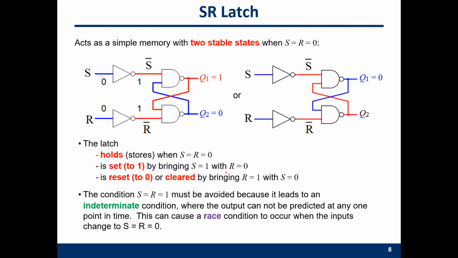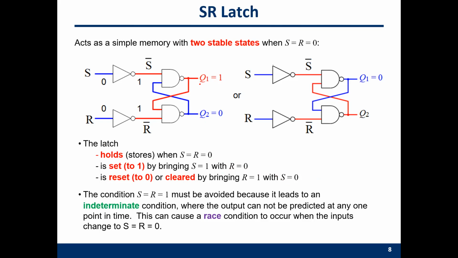If S is 1 and R is 0, then it can set the Q, which means Q will be 1. And if we send a 1 to R and a 0 to S, then the structure is reset. The Q will be 0.